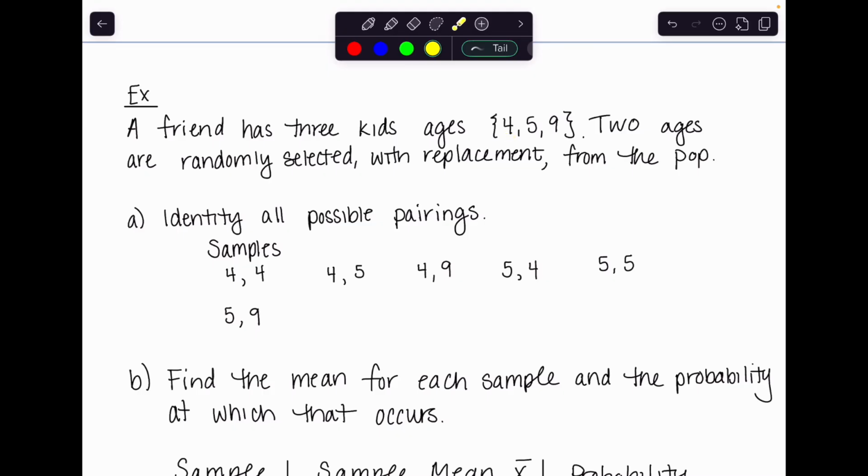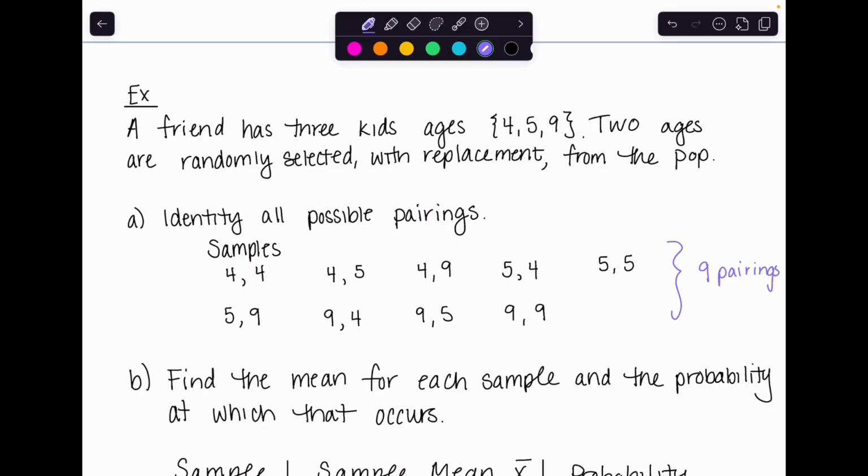So in total, I'm going to have 9 pairings. With 9, I can first select the 9, then select the 4, then the 5, and then I can pair 9 up with itself. So I've got 9 and 4, 9 and 5, and 9 and 9, giving me a total of 9 different samples or pairings.